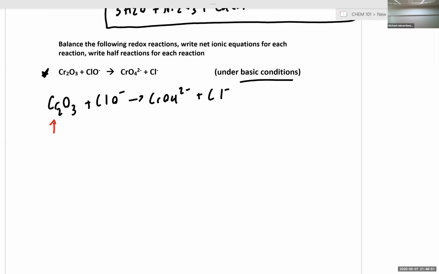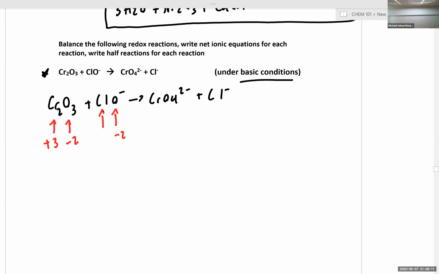What's the oxidation number of chromium? And don't be shy to type in the chat. +3, yep. Okay, oxygen's oxidation number is -2.